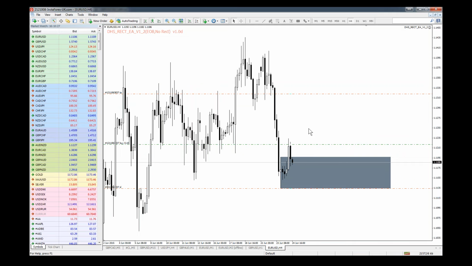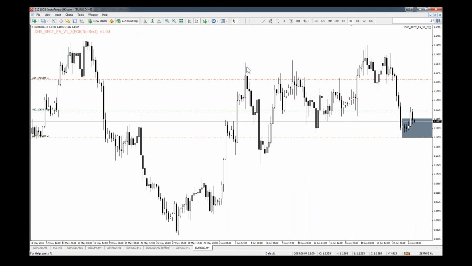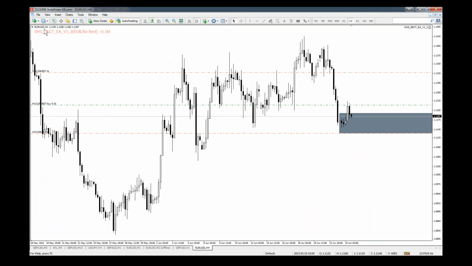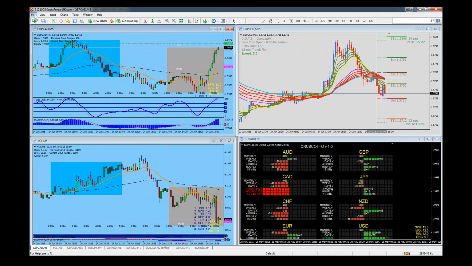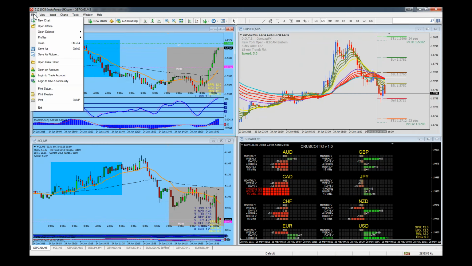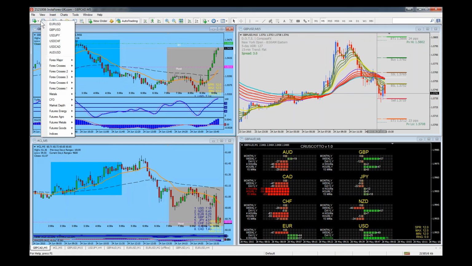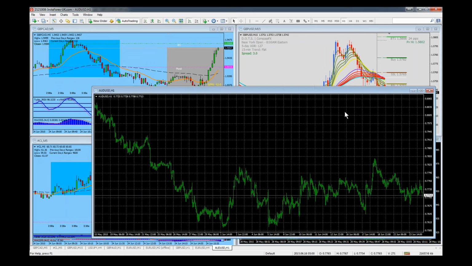Can I call your attention to a pair? Sure. Okay, and this is something you mentioned yesterday, and this is the Aussie dollar. Oh, okay, good. Let me minimize this. I don't want to mess that up. Aussie dollar, and was it a naked chart or what were we looking at on it? Yeah, naked chart's fine. Okay, Aussie dollar.